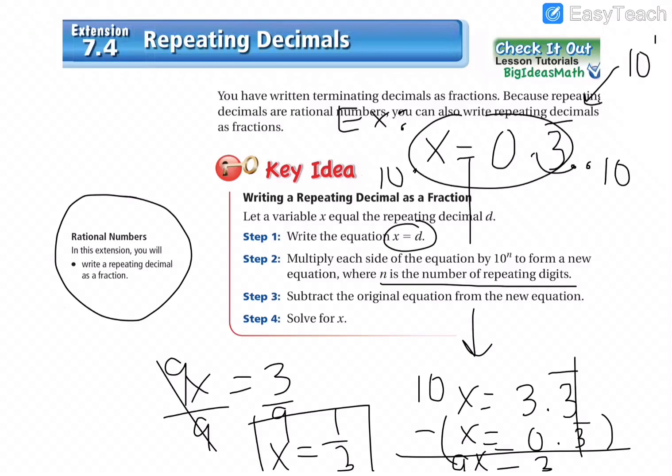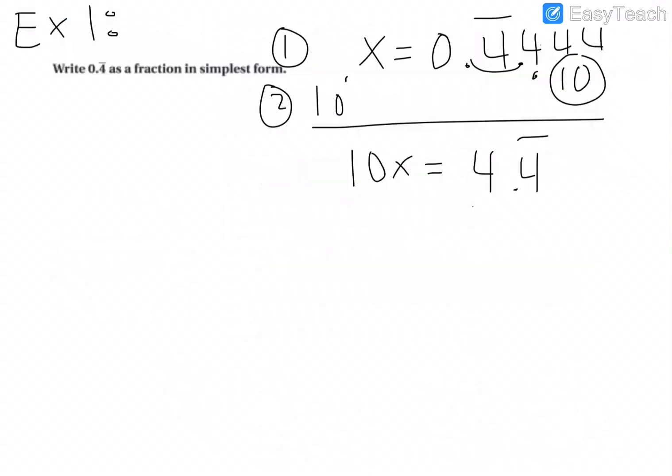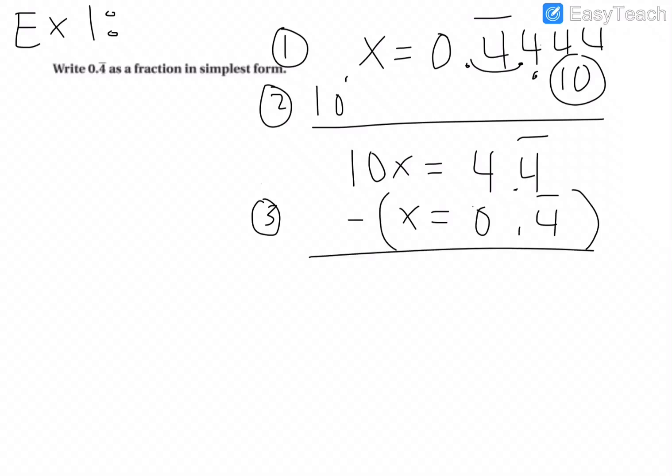That's very similar to what we did earlier. If this were 3/10 repeating, you'd slide it over once and it would be 3 and 3/10. Now step 3, subtract the original equation, x equals 4/10 repeating, from the new equation.